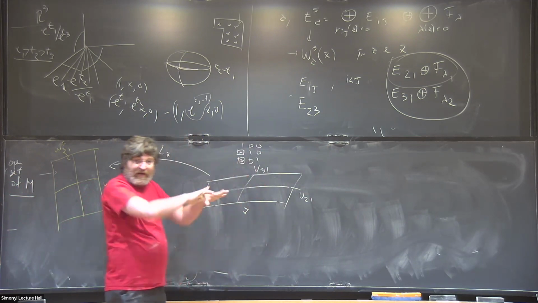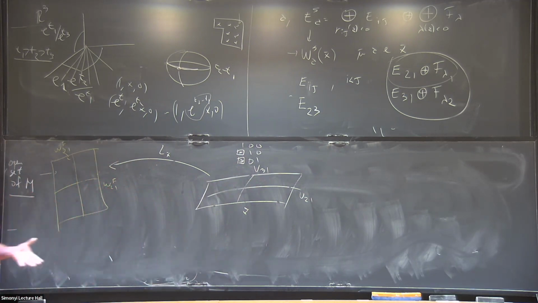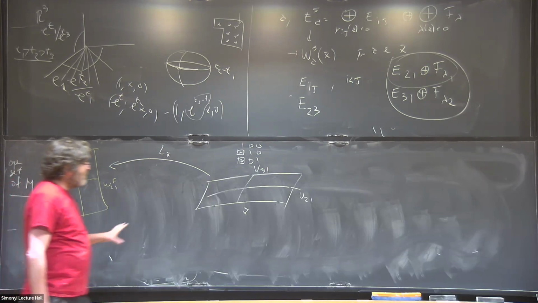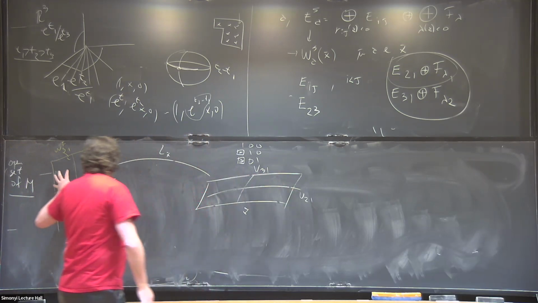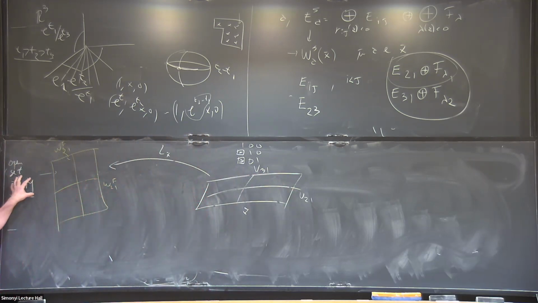So with this group, you parameterize your sphere by finitely many copies of this. You take these guys and map them to your abstract manifold M in this way. So what I'm doing is just giving a family of patches of my manifold.